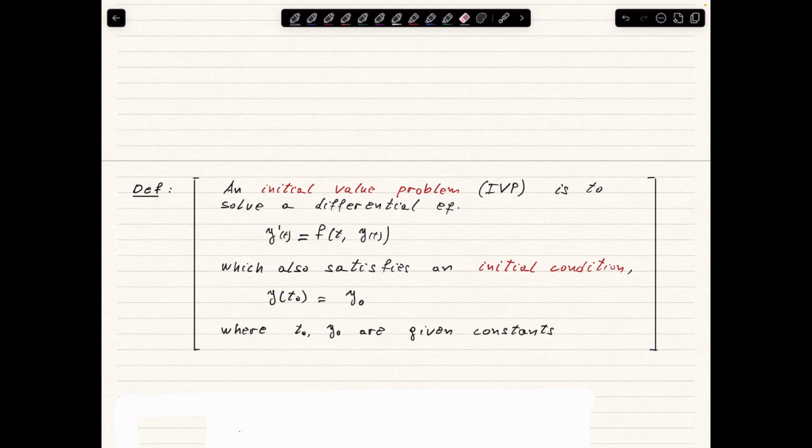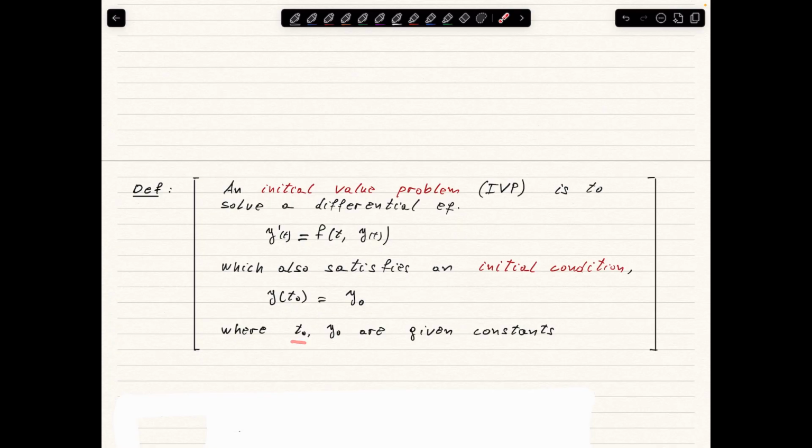So an initial value problem, IVP for short, is to solve a differential equation of this form, y prime equal f of t and y, and the solution also satisfies an initial condition: at some specific value of the variable t, at some specific time t0, the solution must have a particular value, y0.